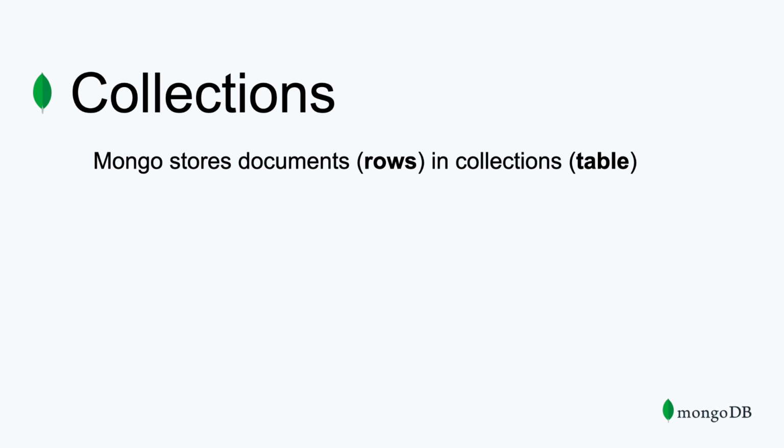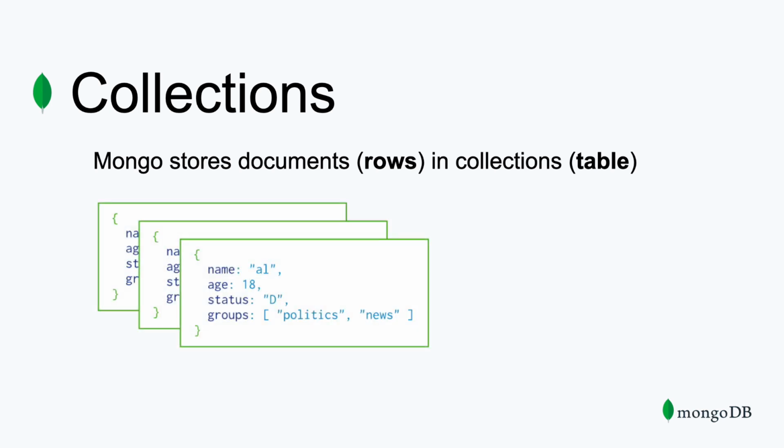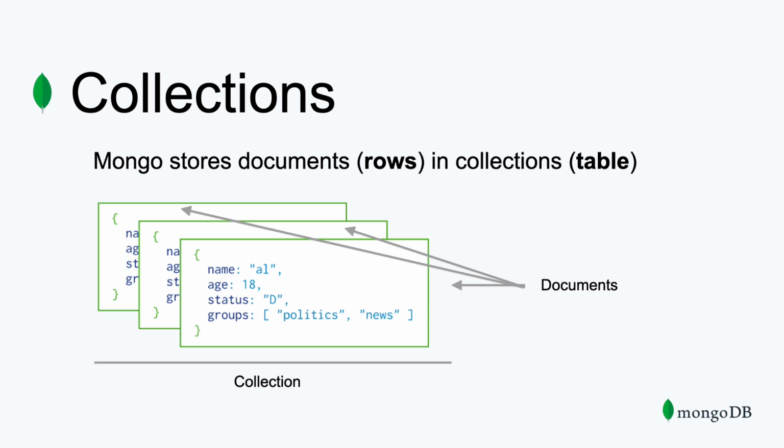Documents are the same as rows, and collections are what are known as tables in the relational database world. Here we have a bunch of documents, similar to JSON objects, and the collection is what holds all of these documents.